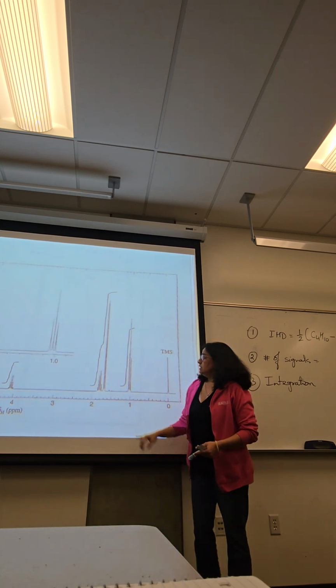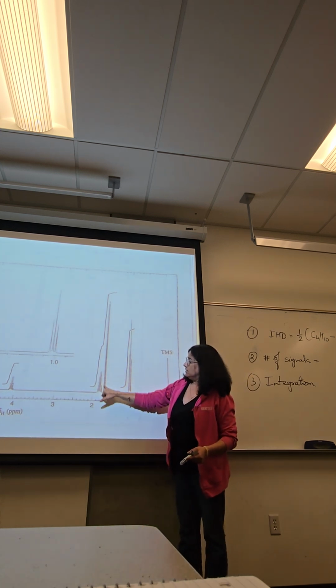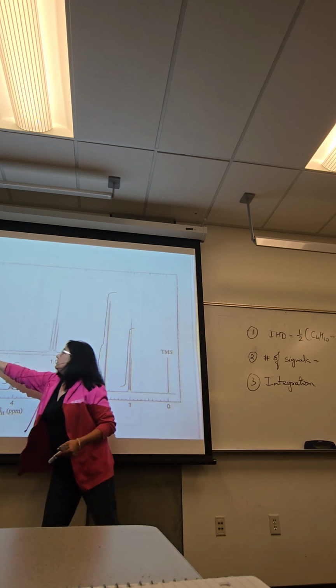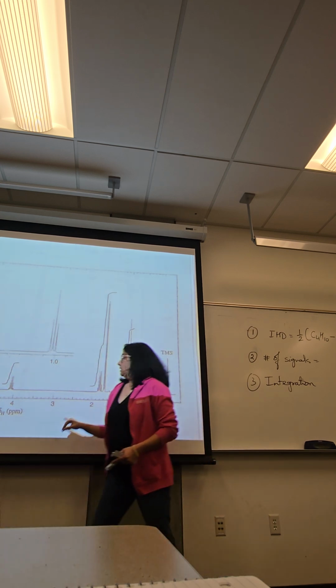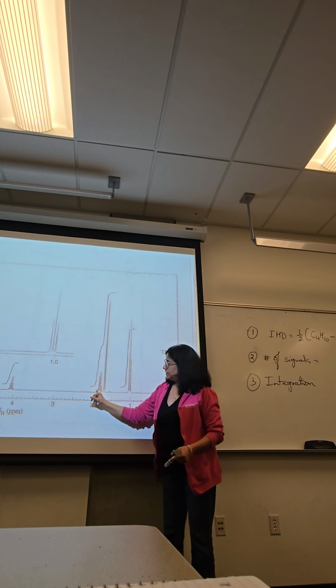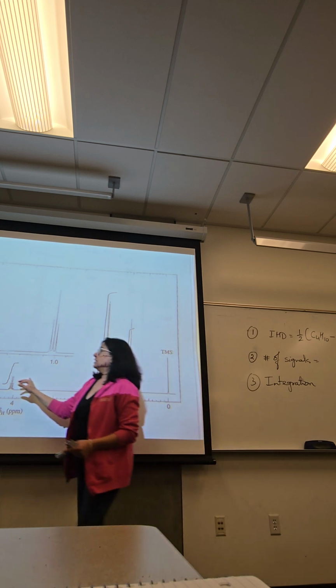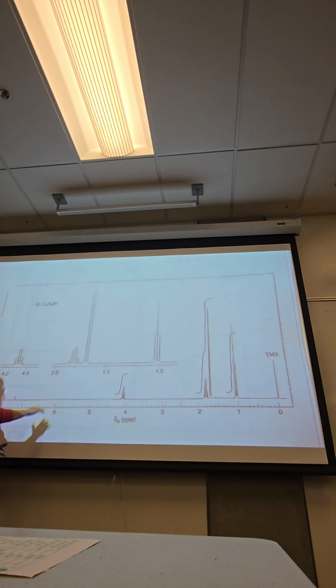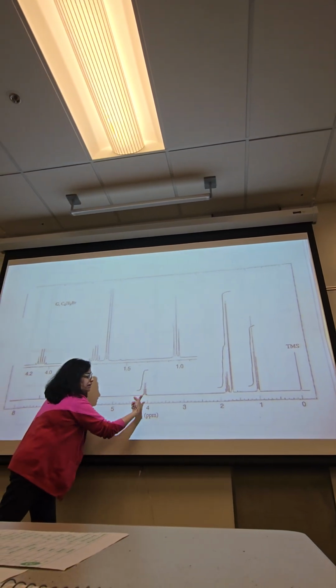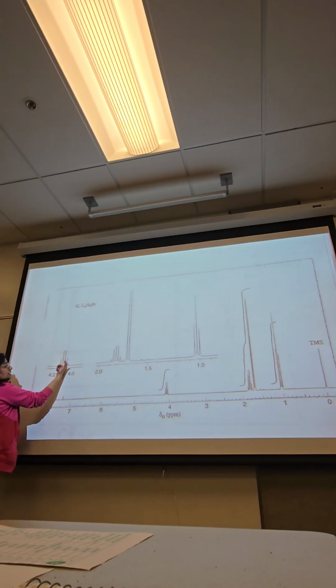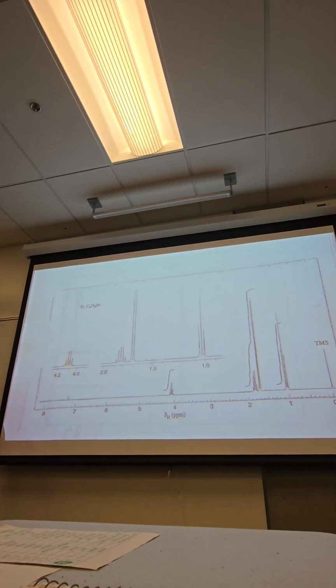Agreed? Number 2, right here, is enlarged right there. Number 3 is another signal right next to the 2, zoomed in right there. And the 4th signal around 4 ppm is enlarged right here. You guys seeing it? Yeah.